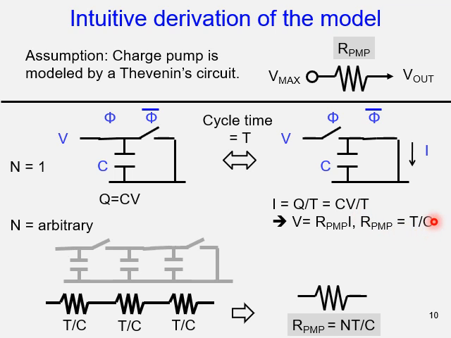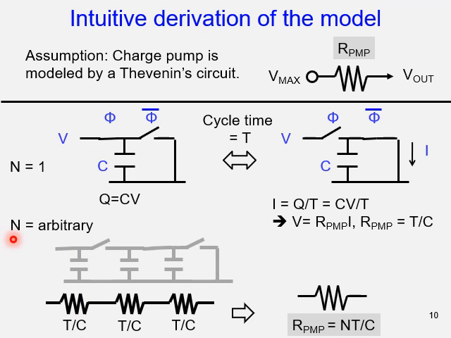So this value has ohm as a unit, and because the charge pump with the stage number of 1 has this amount of equivalent resistance, then if you extend that idea into an arbitrary number of stages like this, then it is fair to replace switch plus capacitor as a single resistor whose value is T over C.